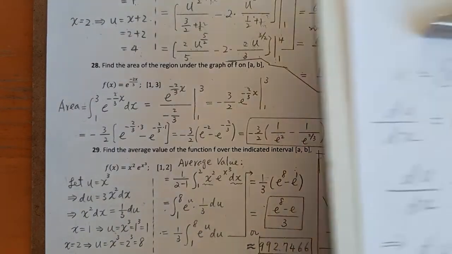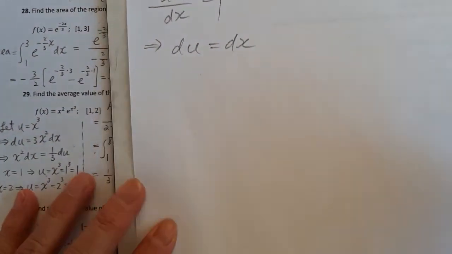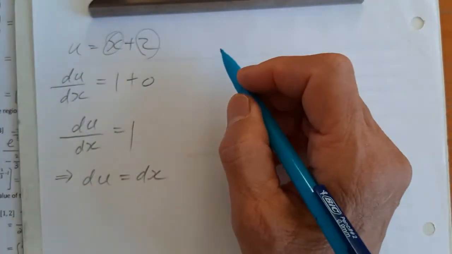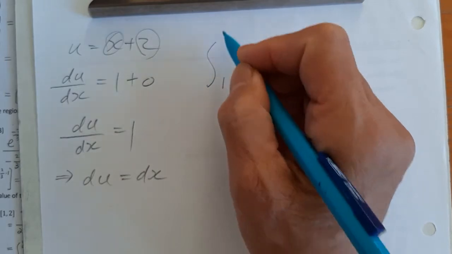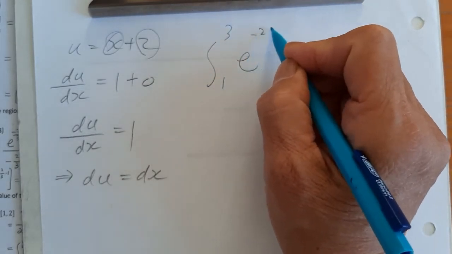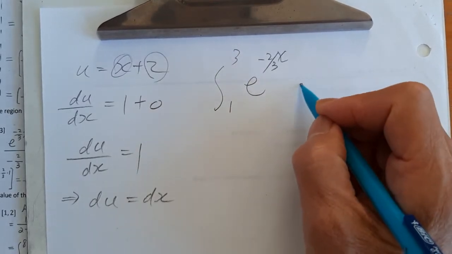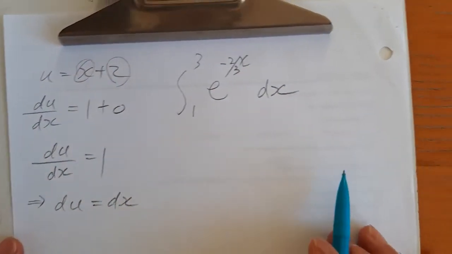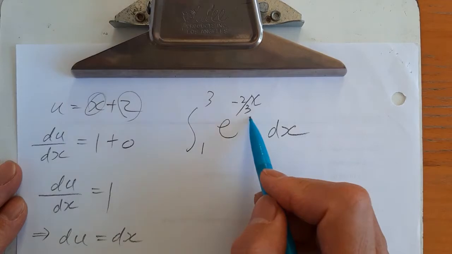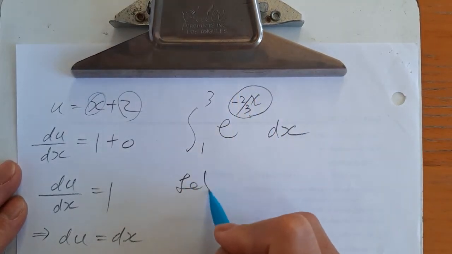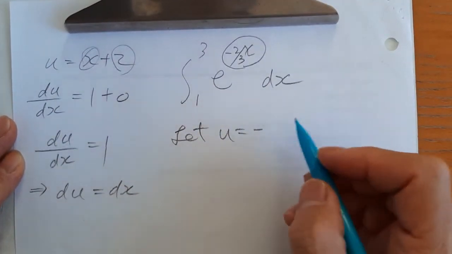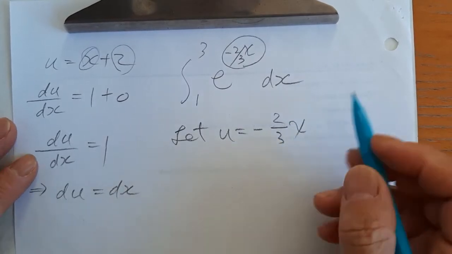I'll just show you this. Here we have the integral from 1 to 3 of e to the power negative 2 over 3 x dx. Do u-sub. You let u equal negative 2 over 3 x.